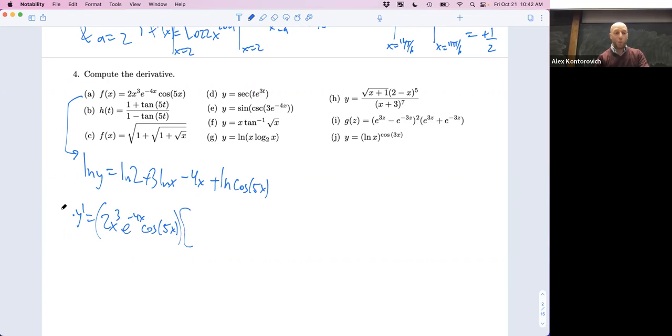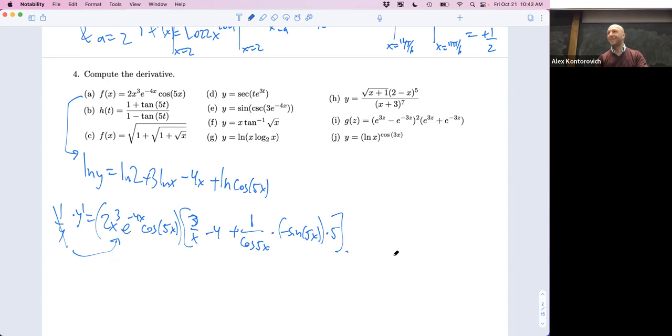So that was the 1 over y that I moved over there, times the derivative of what's inside. The derivative of this is 3 over x minus 4, plus here I need the chain rule: 1 over whatever, times the derivative of whatever, which is negative sine of whatever, times the derivative of what's inside there, which is a 5. That's problem A.